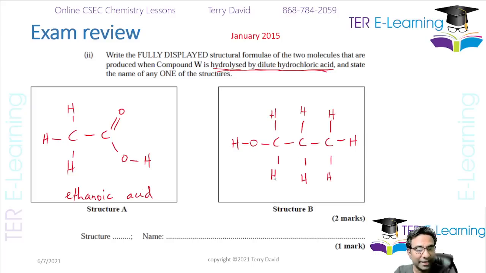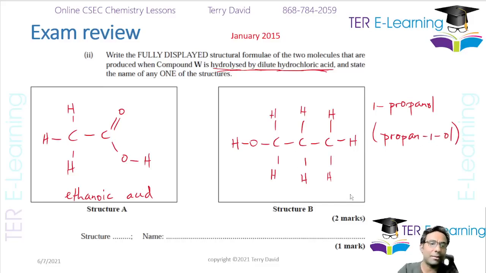But you have to be careful, guys. When you are naming alcohols, don't just go and tell the people propanol. They're not going to give you that correct. You need to say that this compound here is called 1-propanol. That's the name of this compound. Or we can say prop-1-ol, right?